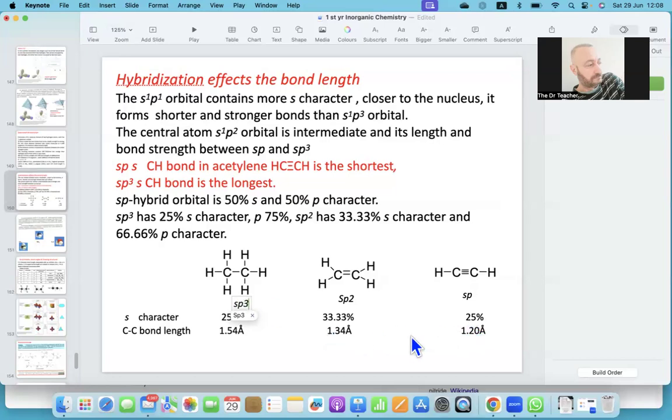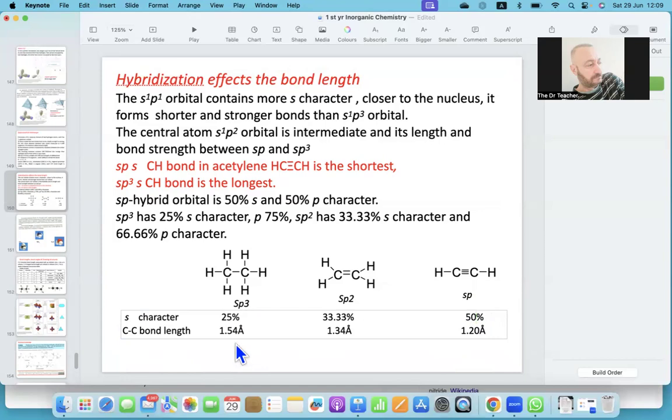So now the percentage, as you see, in the triple bond the bond is shorter. In sp3 the S character is 25% here, but in acetylene it will be 50%. That's the S character.